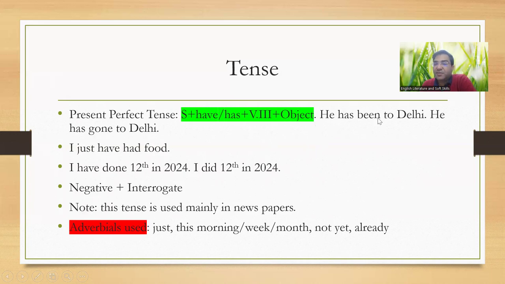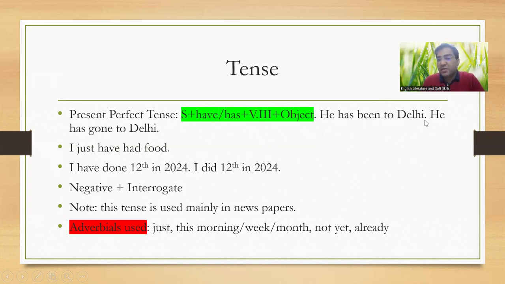Letter is an object. A similar kind of sentence based on present perfect is "he has been to Delhi" and "he has gone to Delhi." Both are written in present perfect, but we might get confused about the meaning of these two sentences.